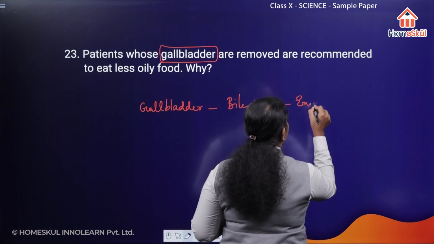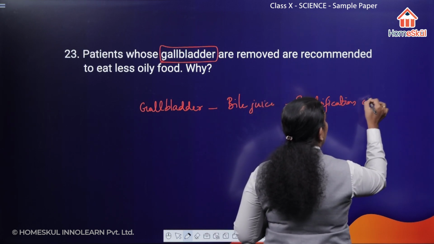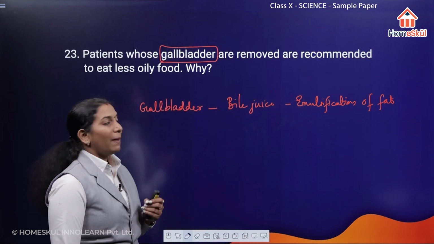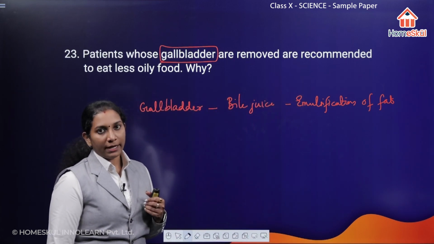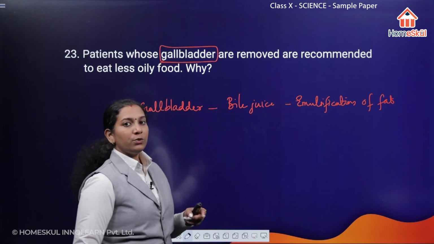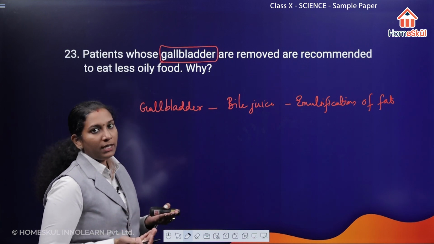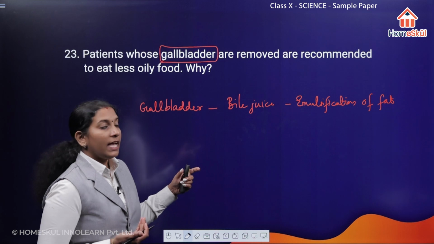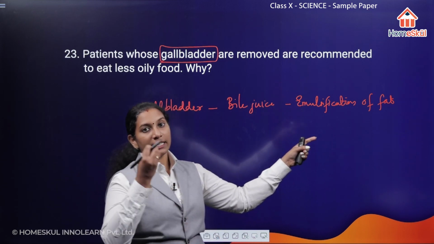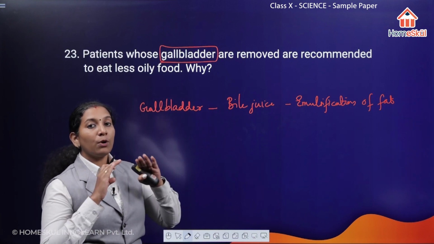Emulsification or digestion of fat or lipids is actually the function of this bile juice that is present inside the gallbladder. So if we remove this gallbladder, then the bile juice will be absent; it will not be stored in the gallbladder. Then the fat content in our food or diet will not get properly digested.